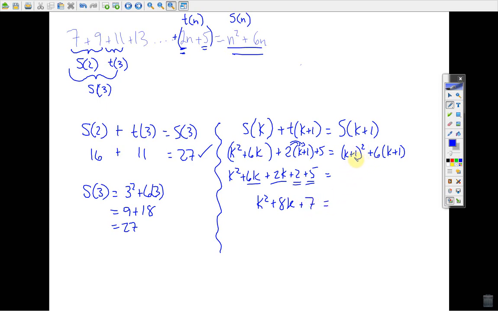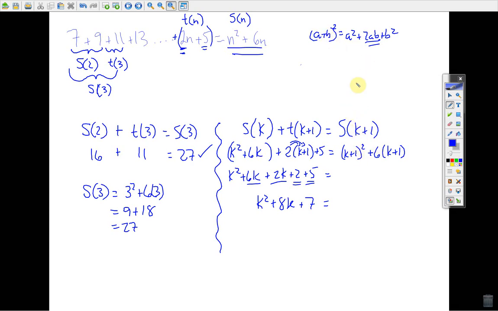Over on this side, (k plus 1) squared. So I need to go back and remember this. (a plus b) squared is equal to a squared plus 2ab plus b squared. Students often forget this middle term. So we say we square the first term, we multiply these two together and double them, and square the last term.